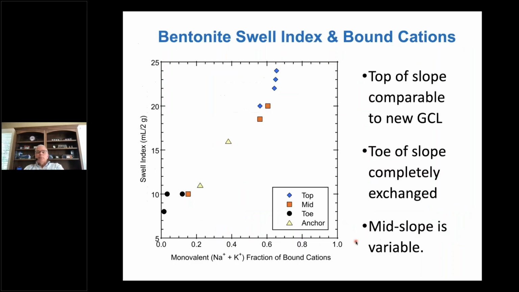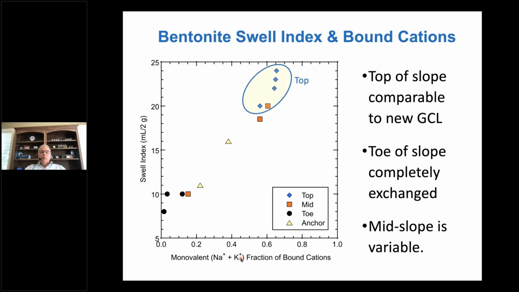Environment and the chemical. Why is this occurring? Well, let's take a look at the samples. We see that this is swell index on the left. Again, 10 would be low. This is calcium bentonite. 25 would be high for a sodium bentonite. And we can see that the swell index tracks very closely with the fraction of bound cations that are comprised of sodium and potassium.